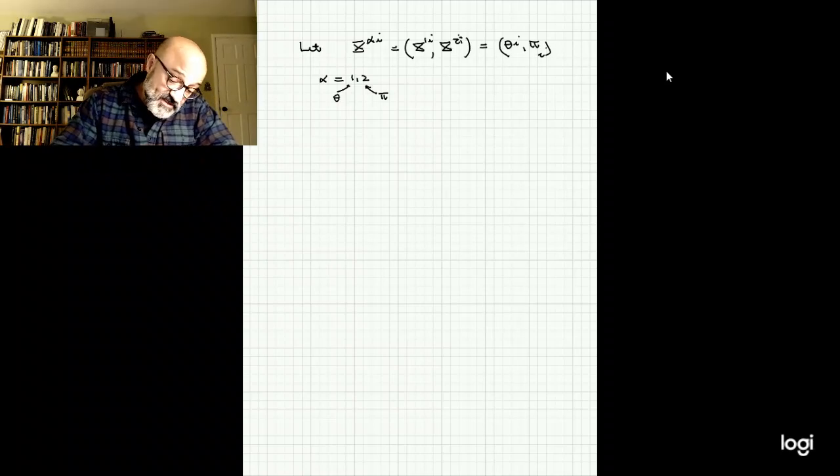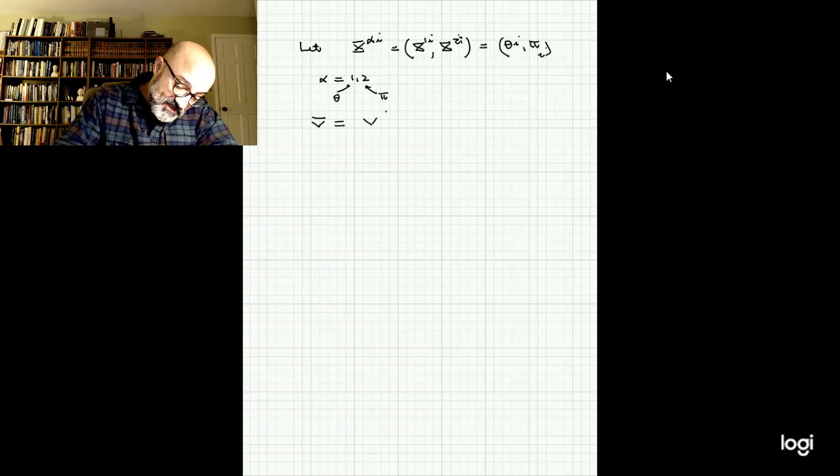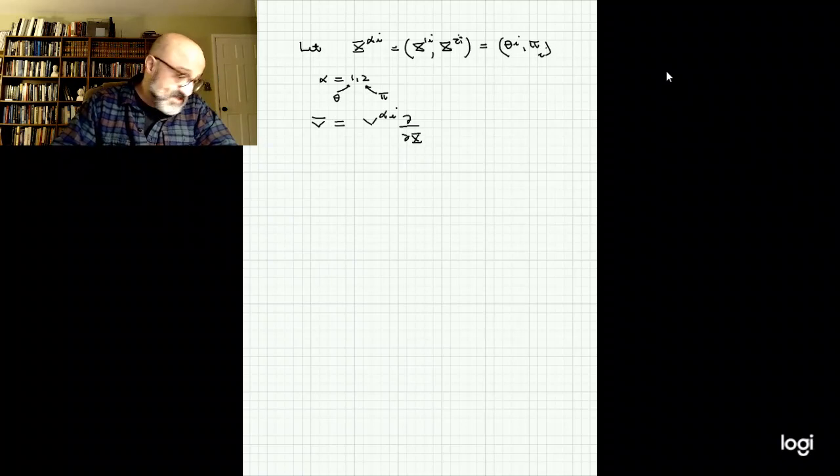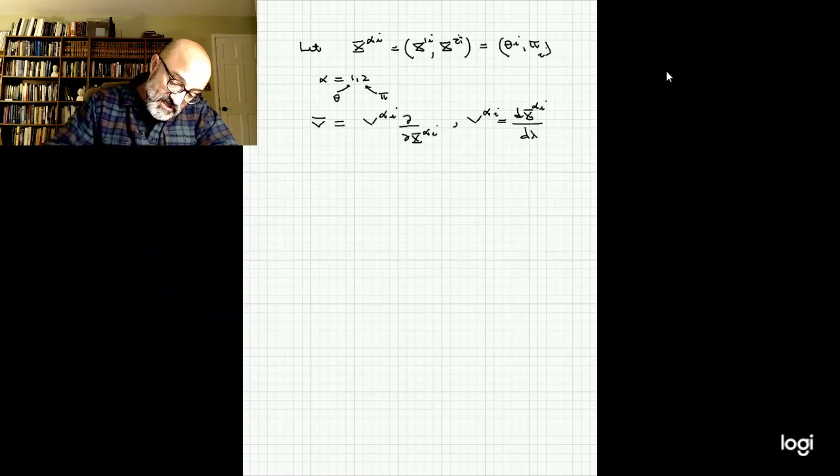And the advantage of doing something like this is that then vectors take a very simple form, which is that vectors can be written with these composite indices, and this guy here is going to be the basis vector, and this guy here we just write as the x alpha I d lambda, which is equal to d theta d lambda, and then d pi d lambda.